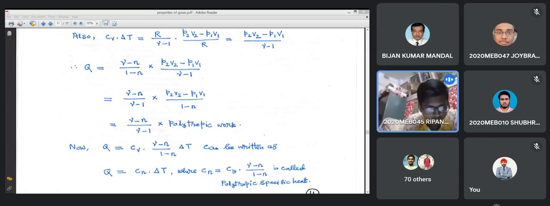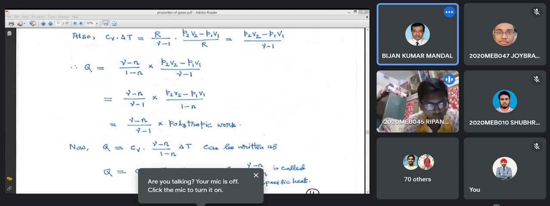Tell what will happen if you take n equal to 1. Then what does the equation become? Q becomes infinity.